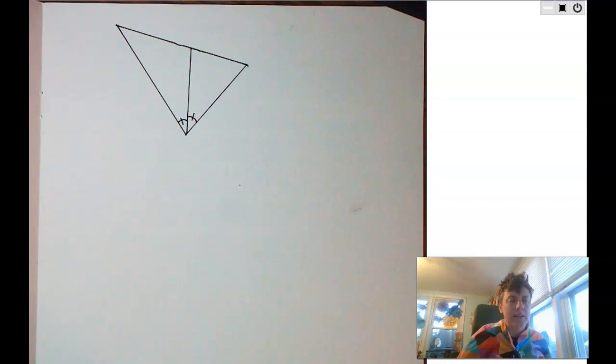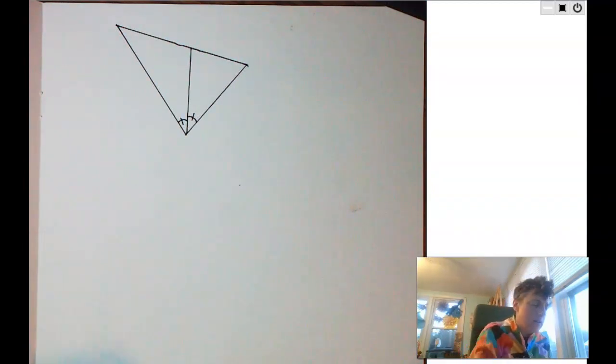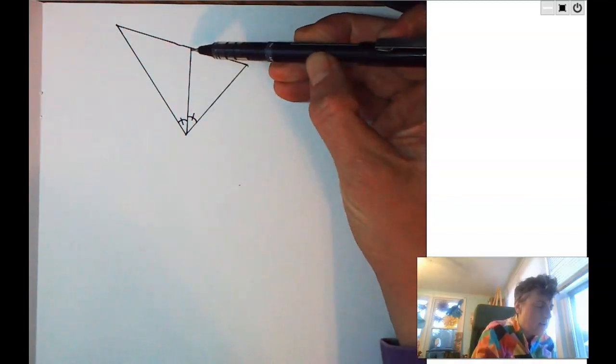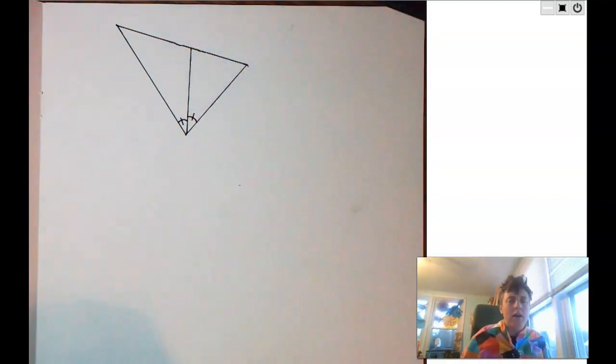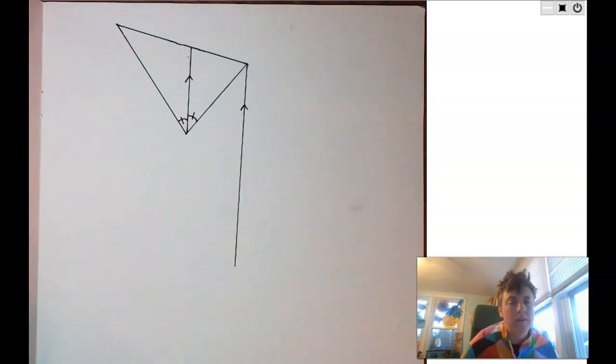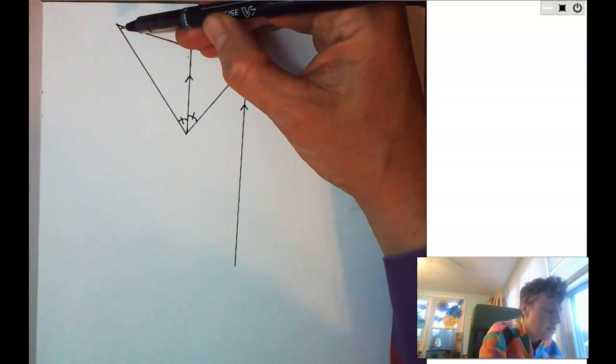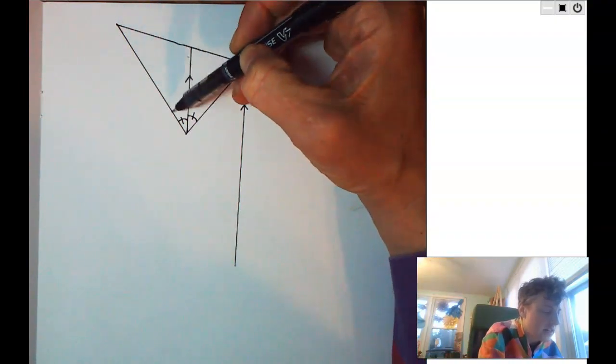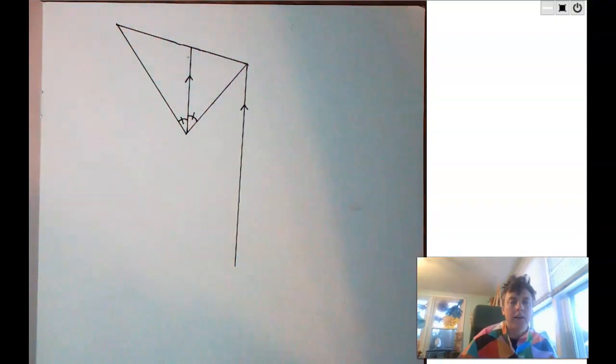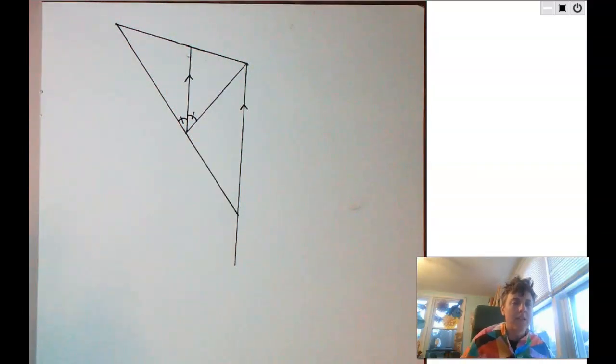We have the angle bisector to that angle. Now we're going to draw a line that's parallel to that angle bisector. Our parallel lines. Now, finally, we're going to connect this side of the triangle, extend it through that parallel line we drew.